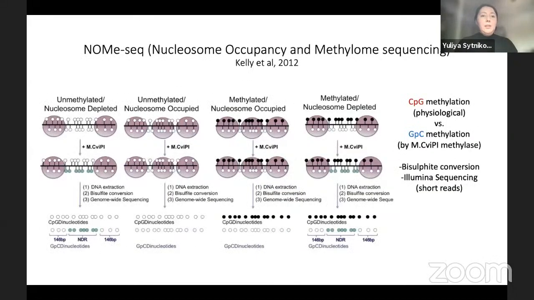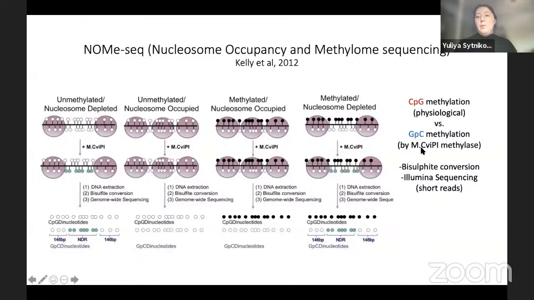More recently, an attempt to combine methylation with chromatin accessibility was made. It was based not on chromatin fragmentation, but on modification of chromatin with another methylase, which, in contrast to physiological CpG methylation, methylates GpCs.